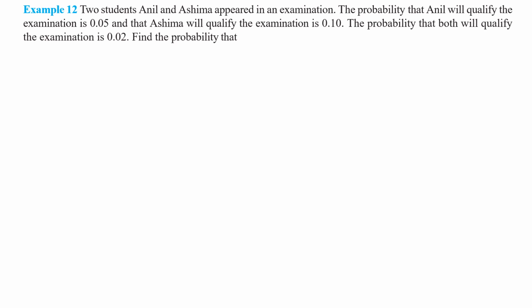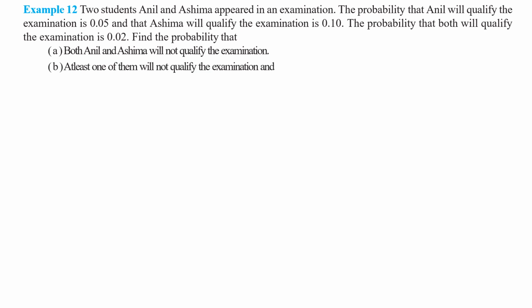Find the probability that both Anil and Ashima will not qualify the examination; second, at least one of them will not qualify; and third, only one of them will qualify. Understood these events, my children? There are three events. We have to find the probabilities of these three events.